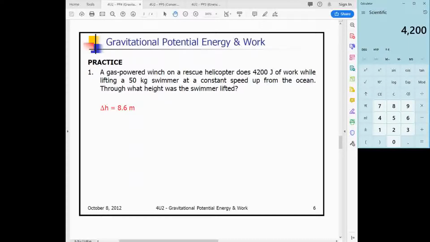So divide that 4,200 by our m, which is 50, divided by our g, which is 9.8. We're left with 8.57 as our delta d, our change in height. And we have to round that to two significant figures, and we get 8.6.